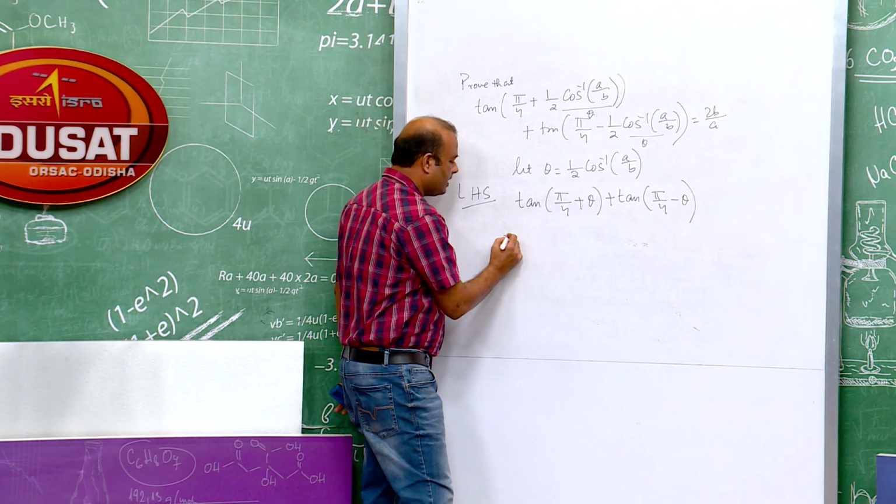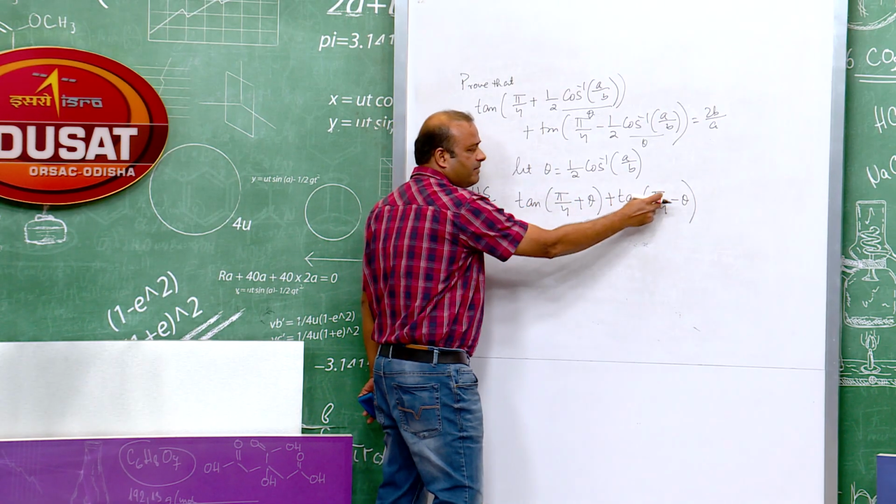So by solving this, use the formula for tan(A plus B) and tan(A minus B).